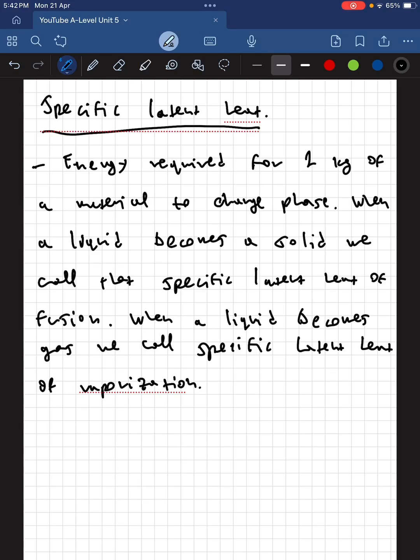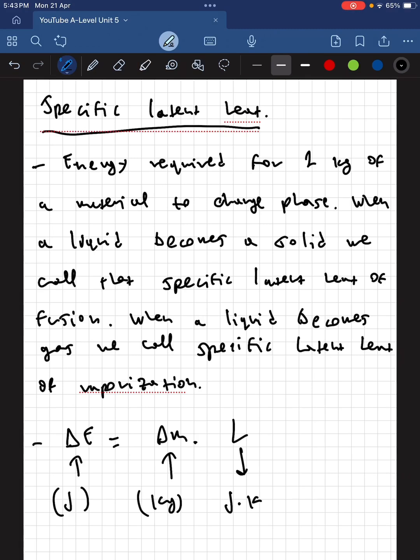We quantify all these using this equation. So this is the energy we provide in joules. So delta E is delta M, the mass of the substance in kilograms, times L. Okay, L is the specific latent heat, and it's given by joules times kilograms to the minus 1. Or we can also use M times L. And let's go see some example values.